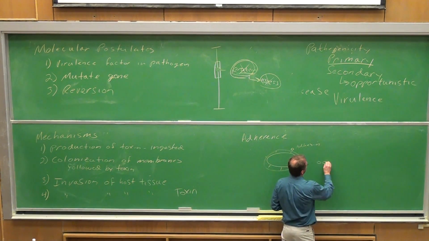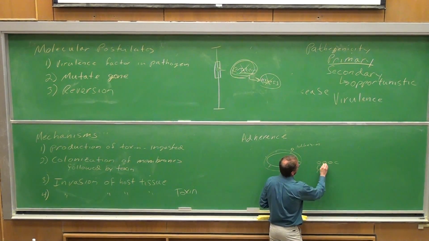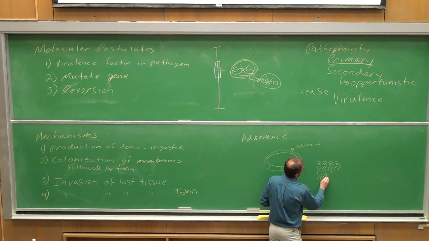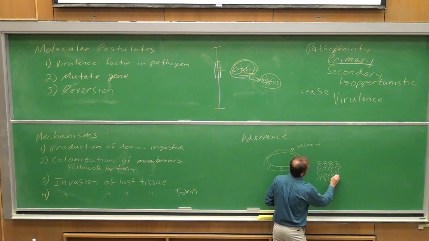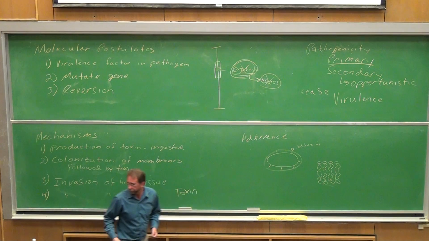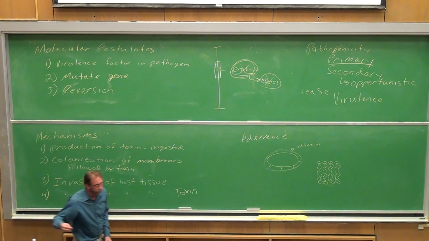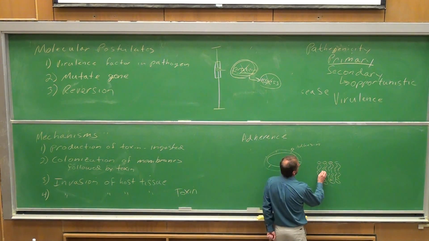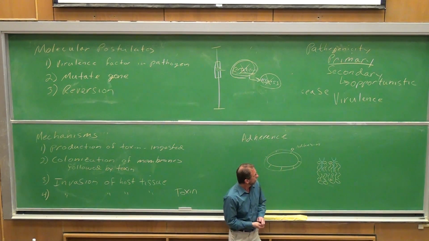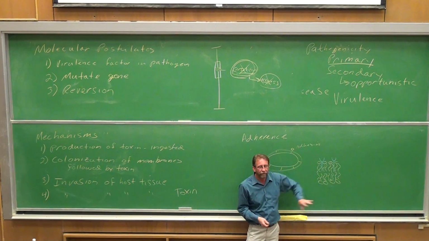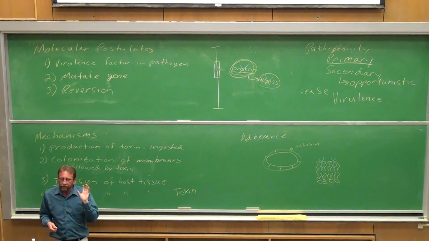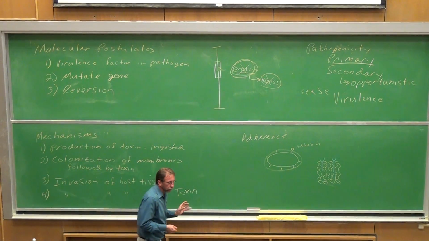So if you imagine our cell membrane here, part of the cell membrane are these glycoproteins. Now these glycoproteins, we've talked about them before, these are surface receptors. They're for a specific molecule.